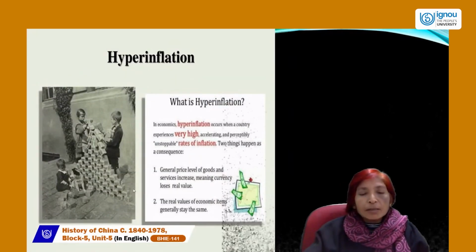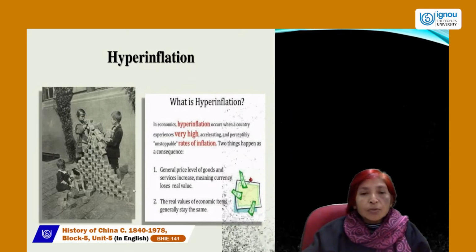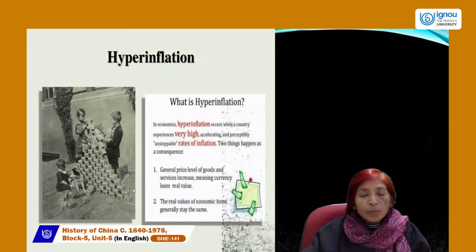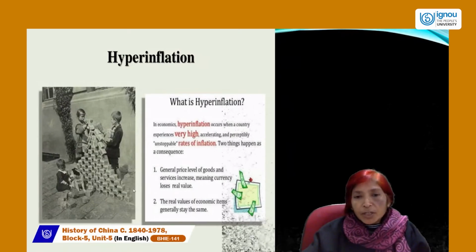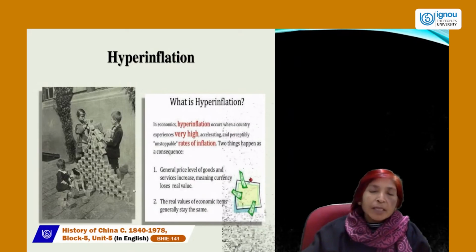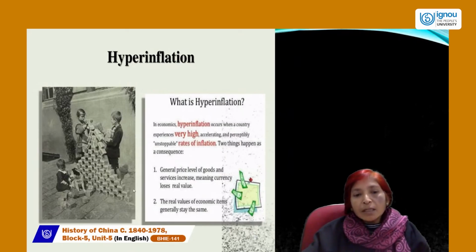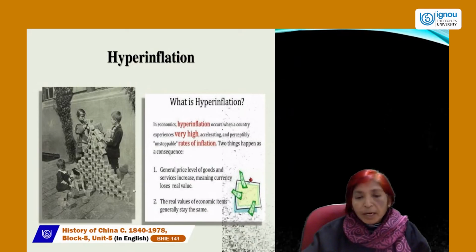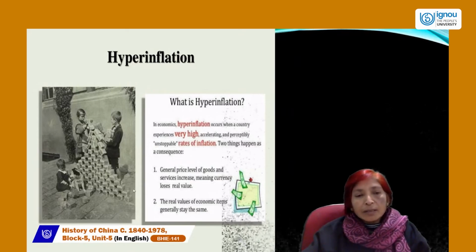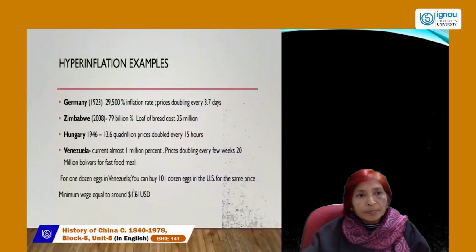Now, what is hyperinflation? Hyperinflation occurs when the price level increases by 100%, 200%, at accelerating and perceptibly unstoppable rates of inflation. Two things happen as a consequence: the general price level of goods and services increases, meaning the currency loses real value, and the real value of economic items generally stays the same. That is the hyperinflation situation.